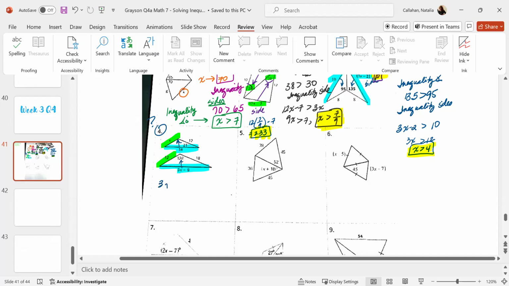The only way I can think about it is if you do 3x minus 8 and you just set it equal to 18. I'm not sure if it's correct. 3x equals, add it, 26.